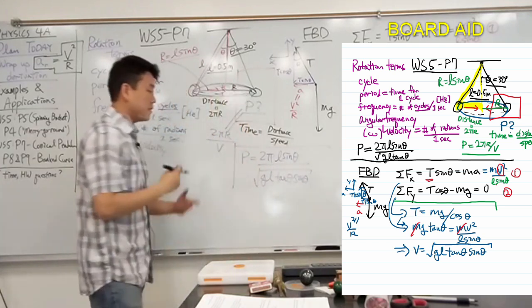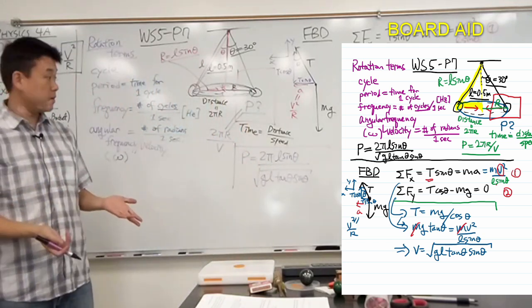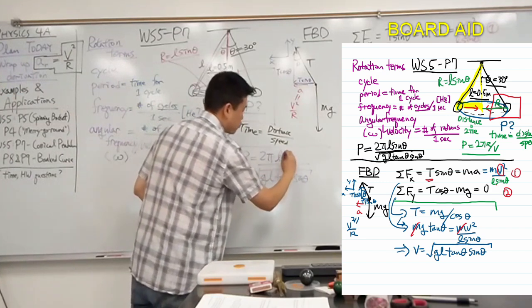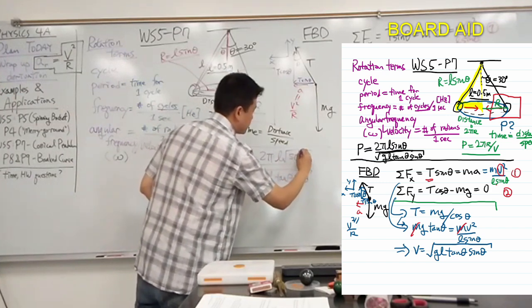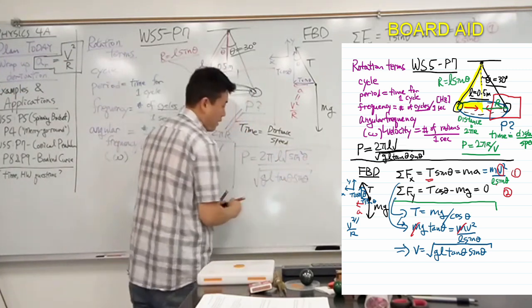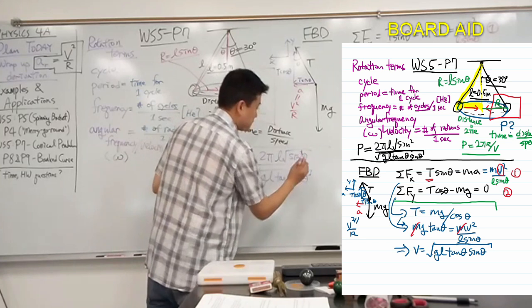Let me simplify this a little bit before we start plugging in numbers. I'm going to look at the sine theta as a square root of sine squared theta so that I can cancel out one factor of sine theta from here.